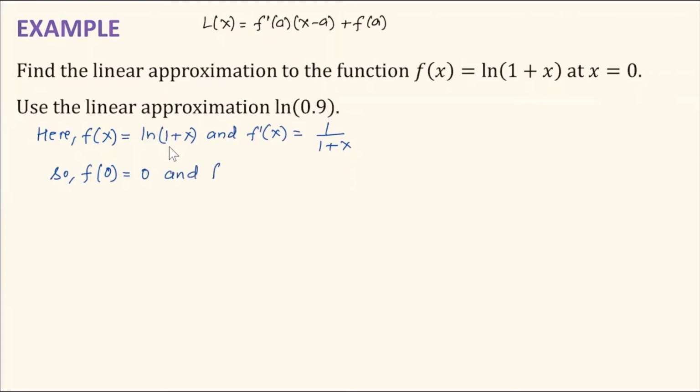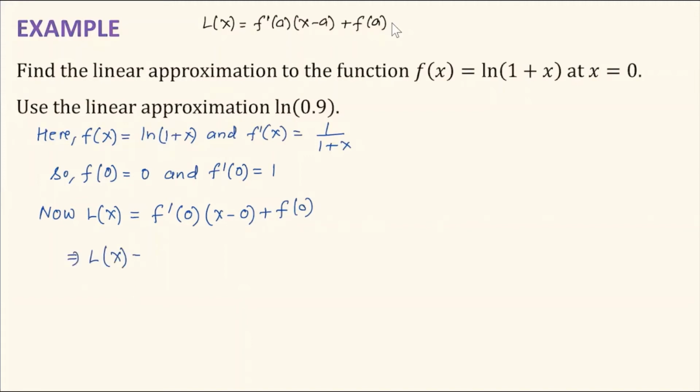And the derivative at 0 is equal to 1 over 1 plus 0, that is equal to 1. So the linear approximation L of x is equal to f prime a, so f prime 0 in this case, when we plug in 0 for a, f prime 0 times x minus 0 plus f of 0. f prime 0 is 1.